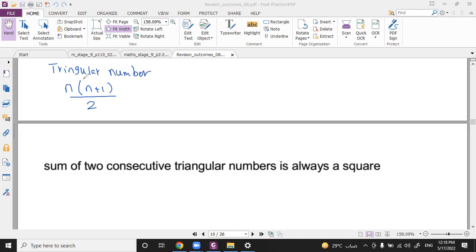We can find it by using this rule, which is n times n plus 1 divided by 2. What is the next triangular number? The next one, we will add 1 to n, so it will be n plus 1. And add 1 to n plus 1, so it will be n plus 2, divided by 2. Do you know what I did?